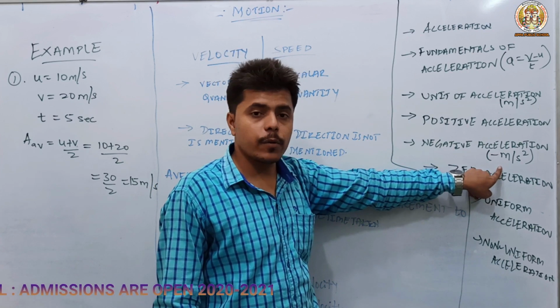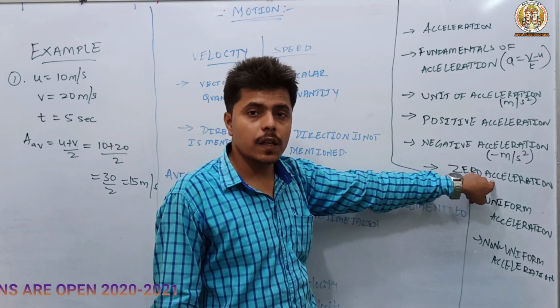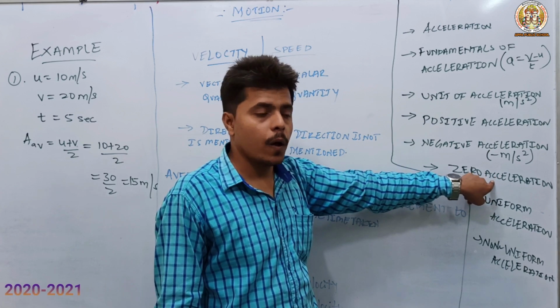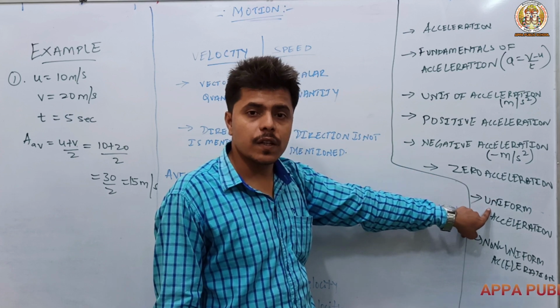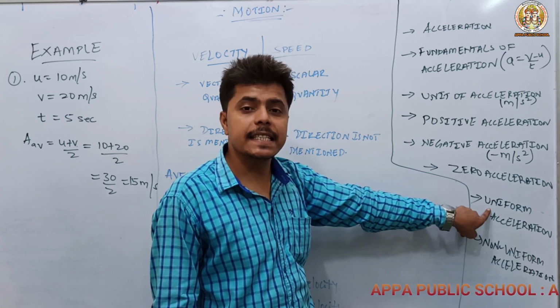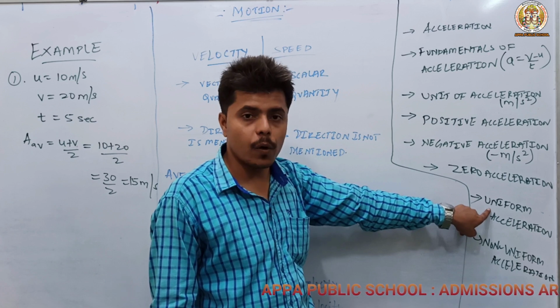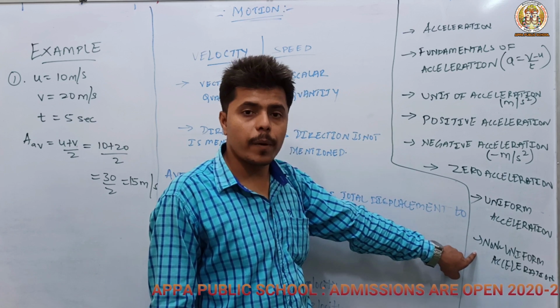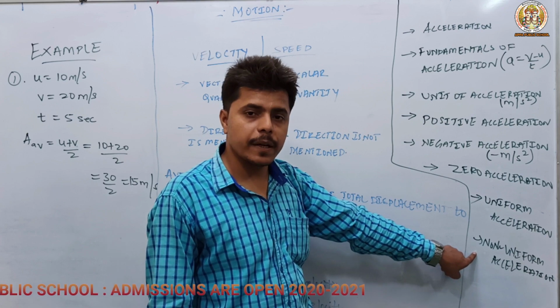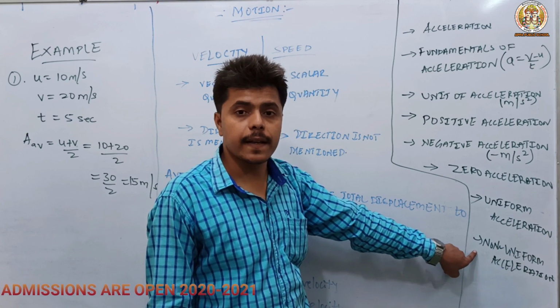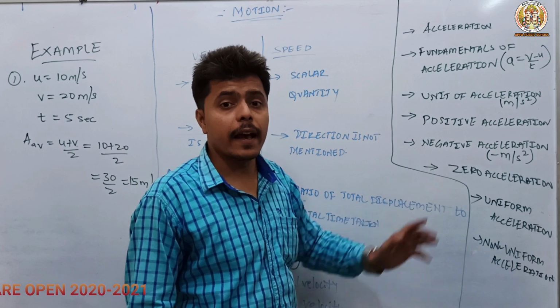Zero acceleration, where either u or v will be zero. Uniform acceleration, the rate of change of velocity is the same with respect to time. Non-uniform acceleration, the rate of change of velocity is not the same with respect to time. So this was about acceleration.